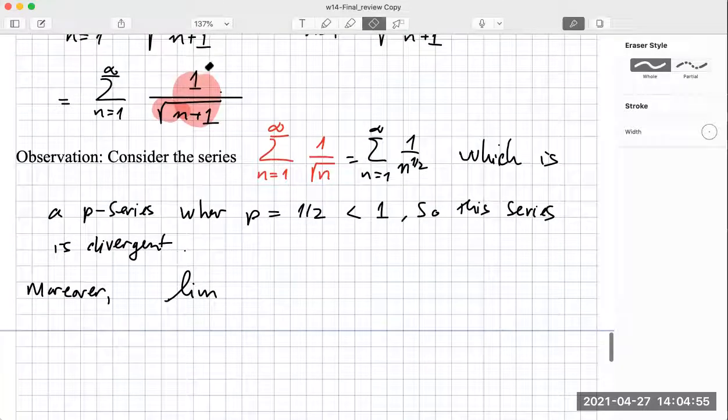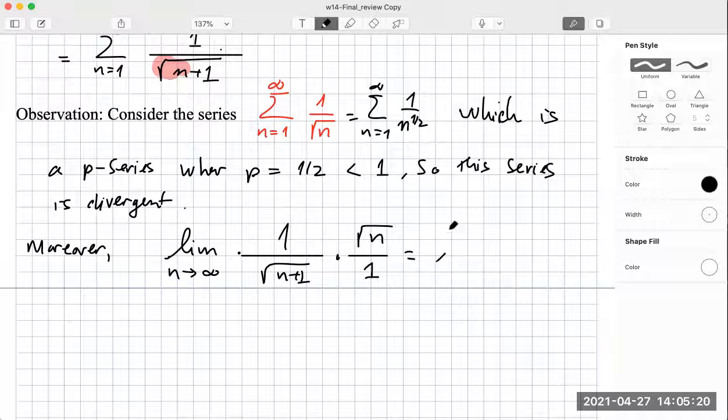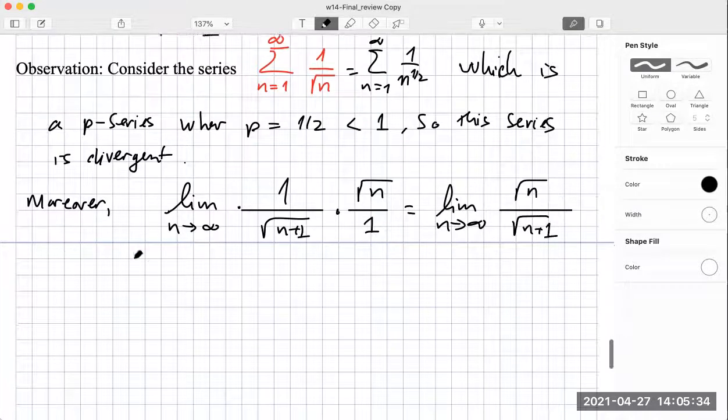The limit of these two when n goes to infinity: 1 over square root of n plus 1, divided by 1 over square root of n, which is the same as square root of n over 1, and here the same story, square root of n divided by square root of n plus 1.